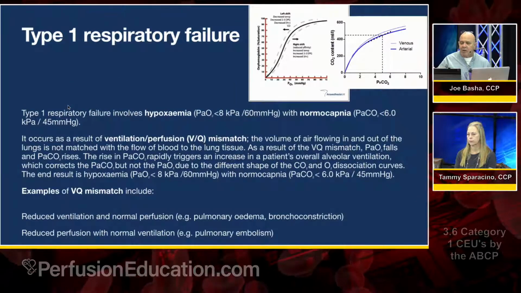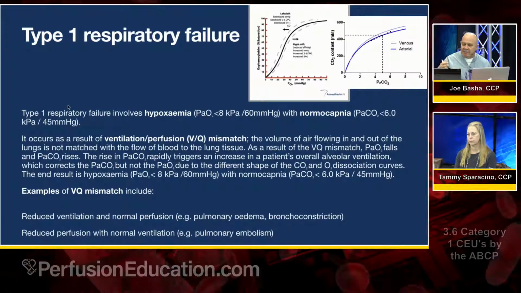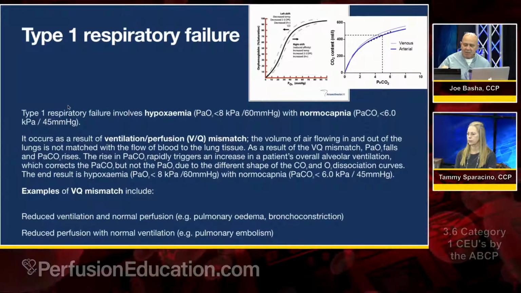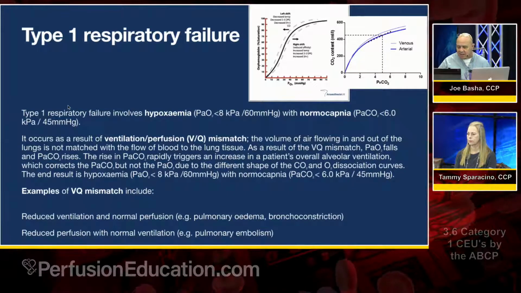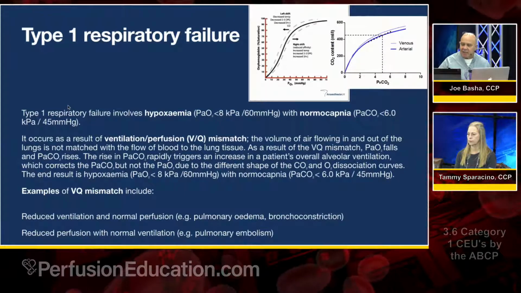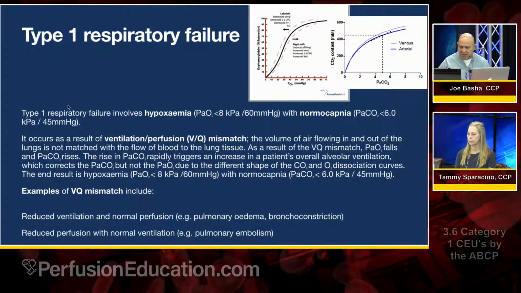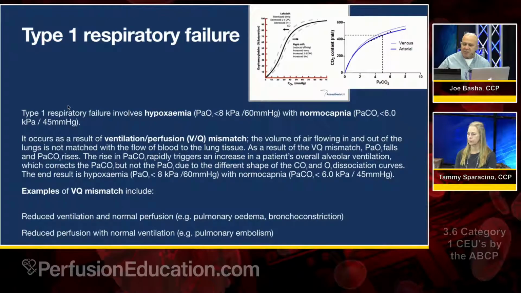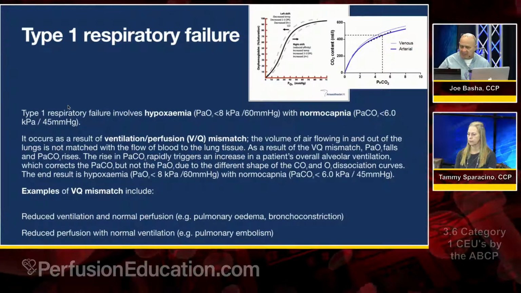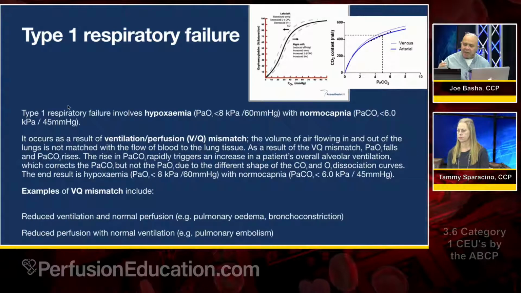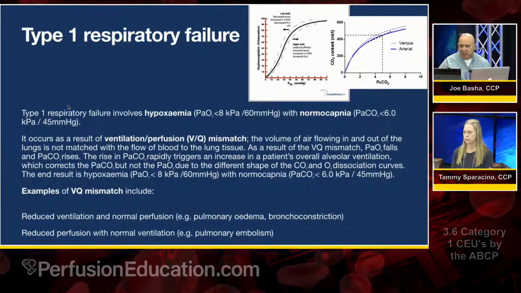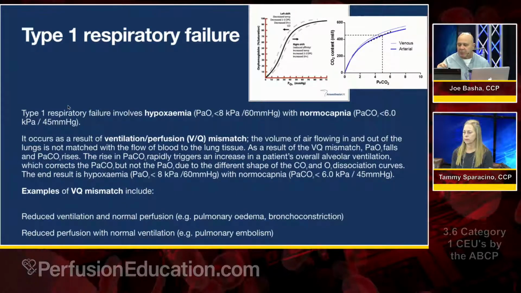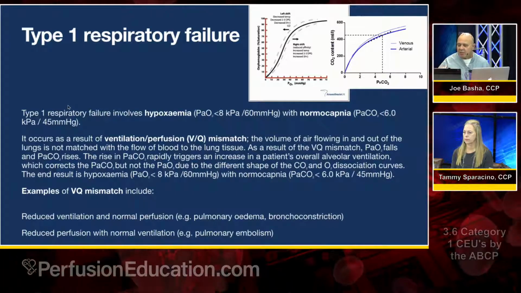So in type 1 respiratory failure, up on the top left, you see the oxyhemoglobin dissociation curve. On the right side, you see the CO2 dissociation curve. Type 1 respiratory failure involves, as I said, hypoxemia with normal capnia. It occurs as a result of a ventilation perfusion VQ mismatch.